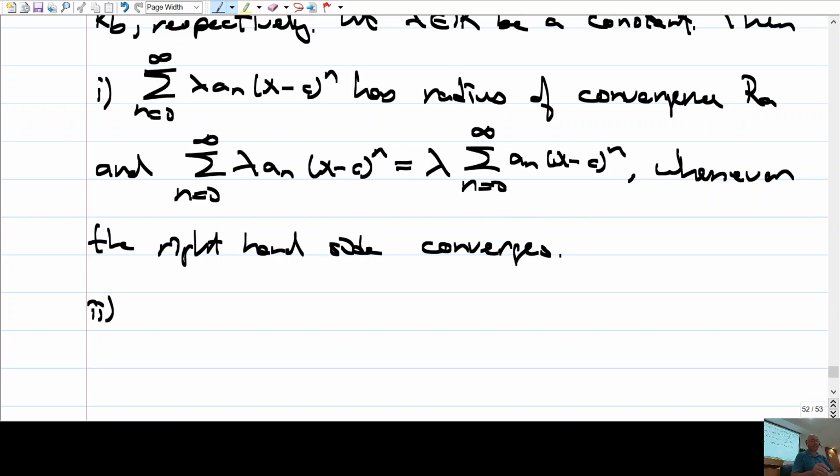This is more than saying that it is convergent for x satisfying this, because sometimes this might converge when we have equality, at the endpoints of the interval.